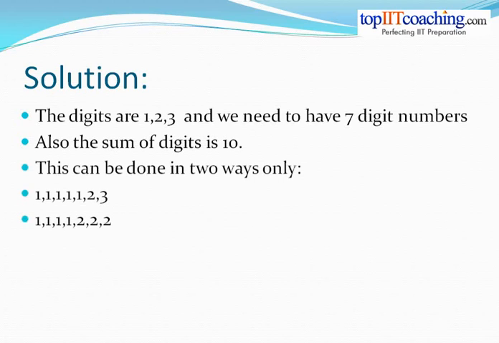Case 1, we have got five 1s, one 2 and one 3. And the second case is, we can have four 1s and three 2s. That is, in the first case we have got five 1s, and when we add them plus 2 plus 3 it will be equal to 10. And in the second case we have got four 1s plus three 2s, and when we add them it becomes equal to 10.